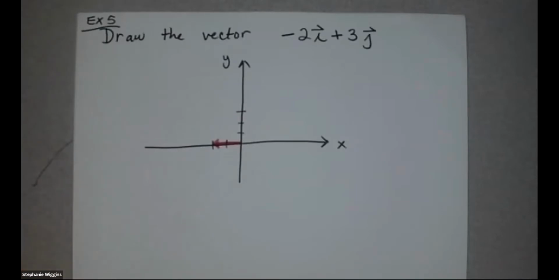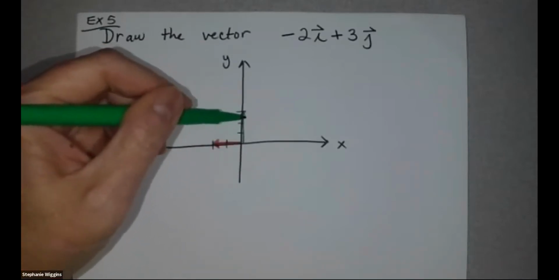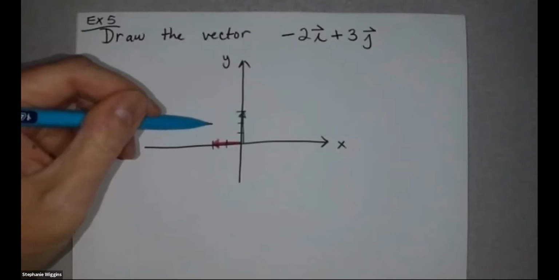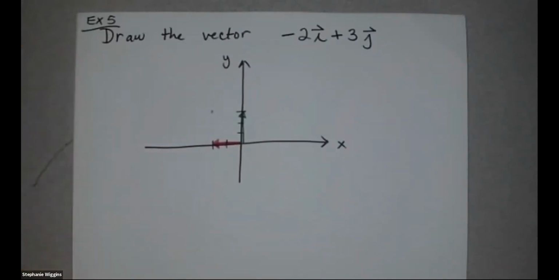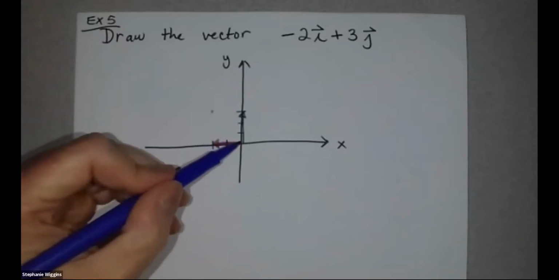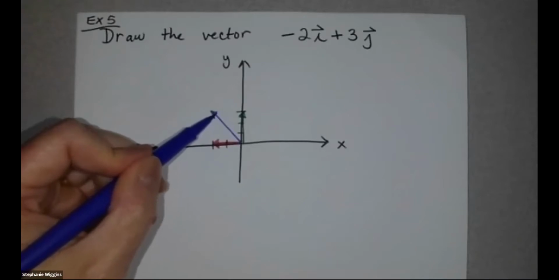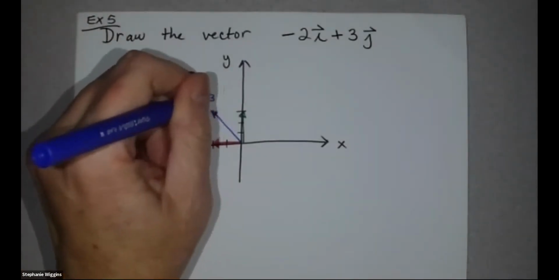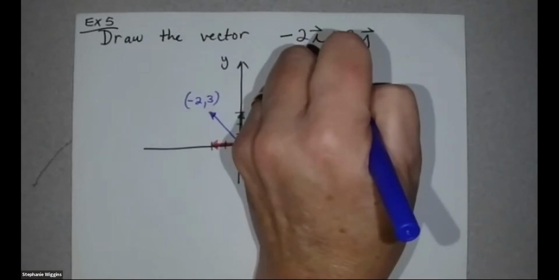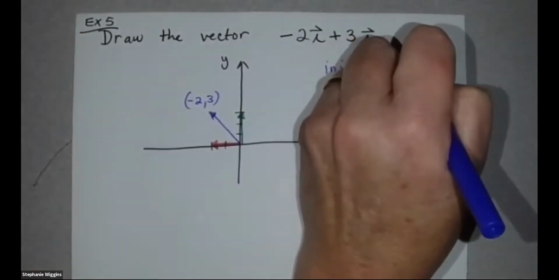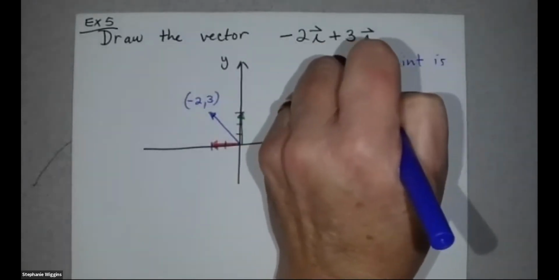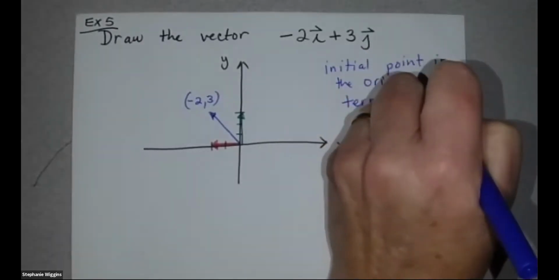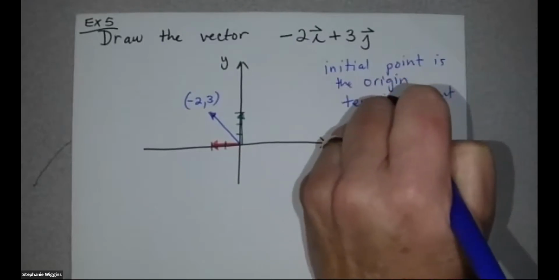So the resulting vector has initial point at the origin, okay, so you just form, so this point here is -2, 3, and your initial point is at the origin, and the terminal point is -2, 3.